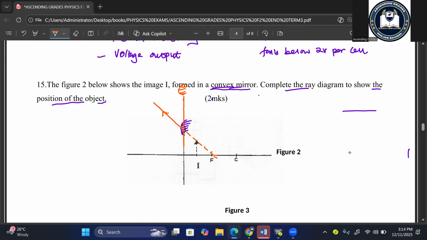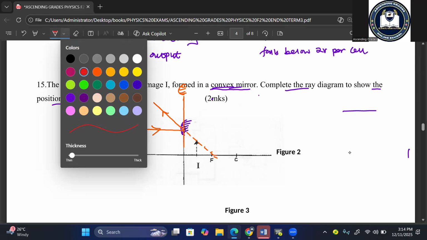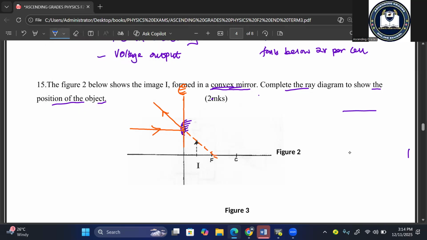Then the incident ray would have been in this manner. Then the second ray will be a ray that is passing through the center of curvature. So this becomes my ray.